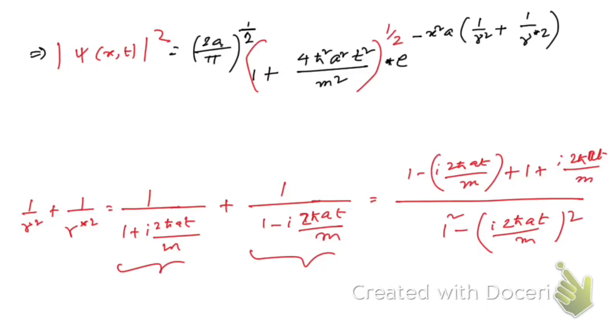So this one cancels this one, here we have positive, here we have negative, right? Hope you have understood this. This two cancels, right? So we're gonna have 2 times 1 plus 1 by 1 minus, so squaring this, minus i square gonna be minus 1, so minus minus plus 4 a square a square t square by m square. That's what we have got, right?